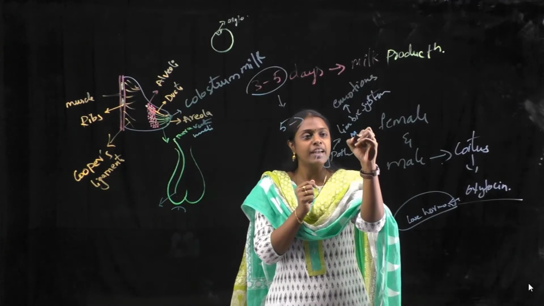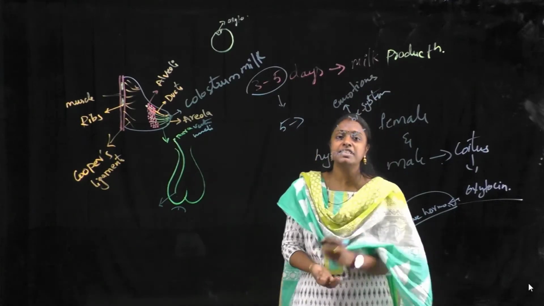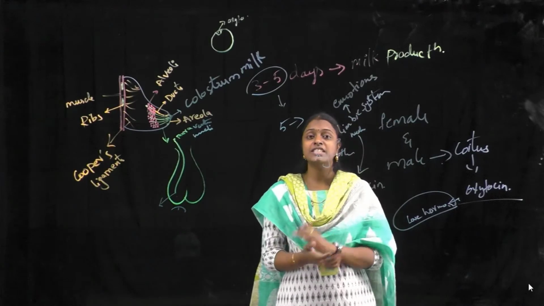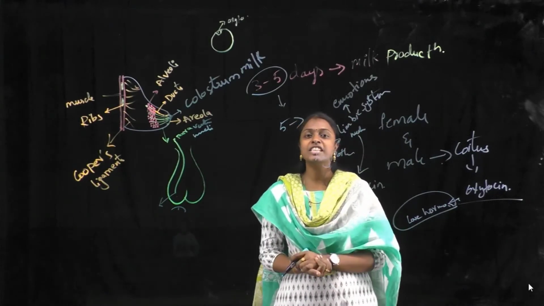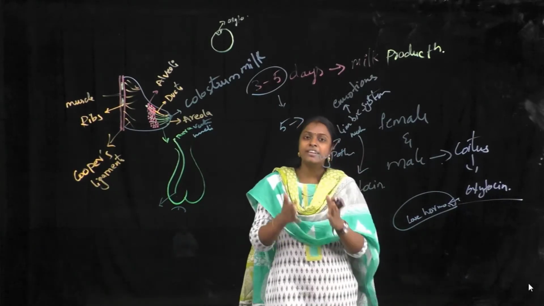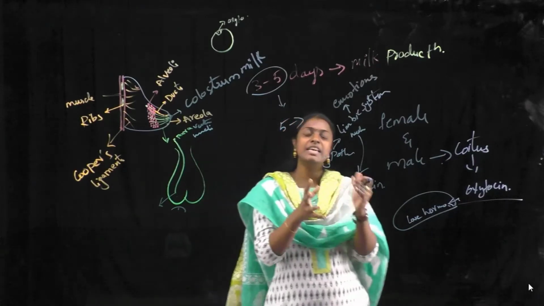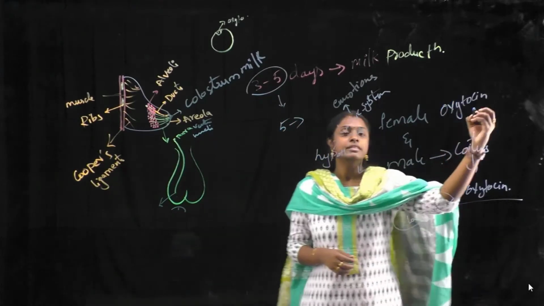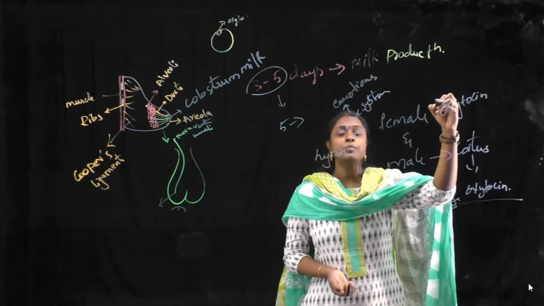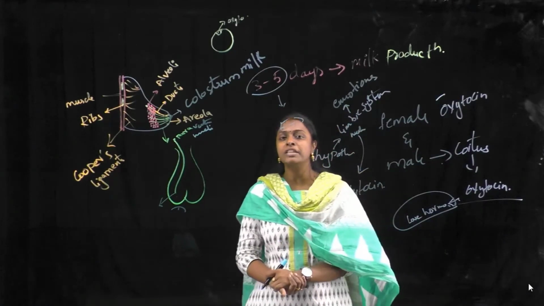That nuclei is attached to the limbic system. That's why the mother releases oxytocin even when she hears the cry of the baby. And not only that, females secrete more oxytocin than males. That's why there will be more emotions in females when compared to males.